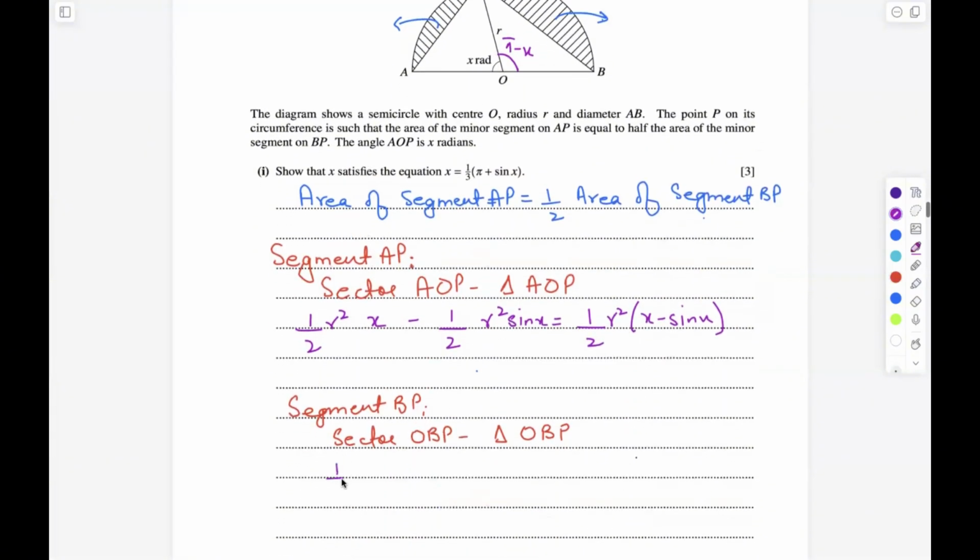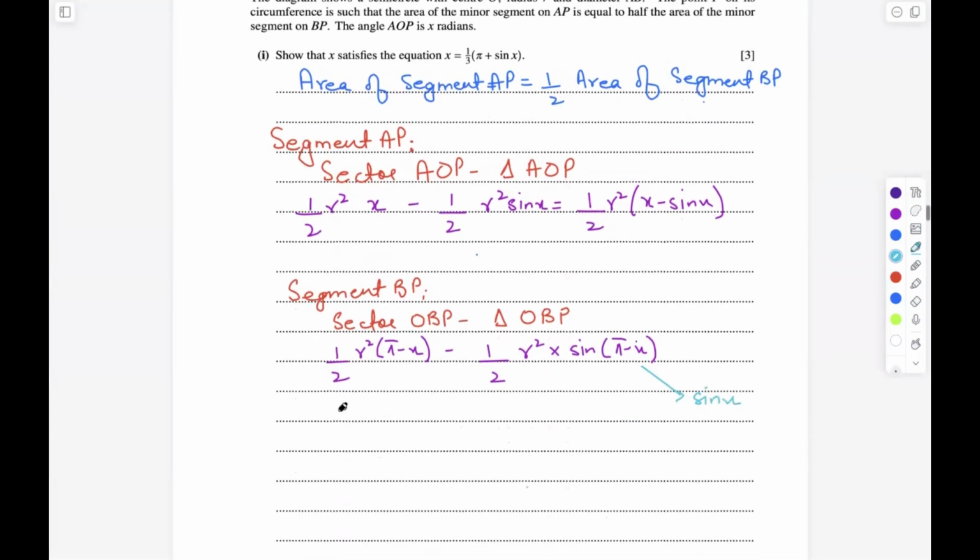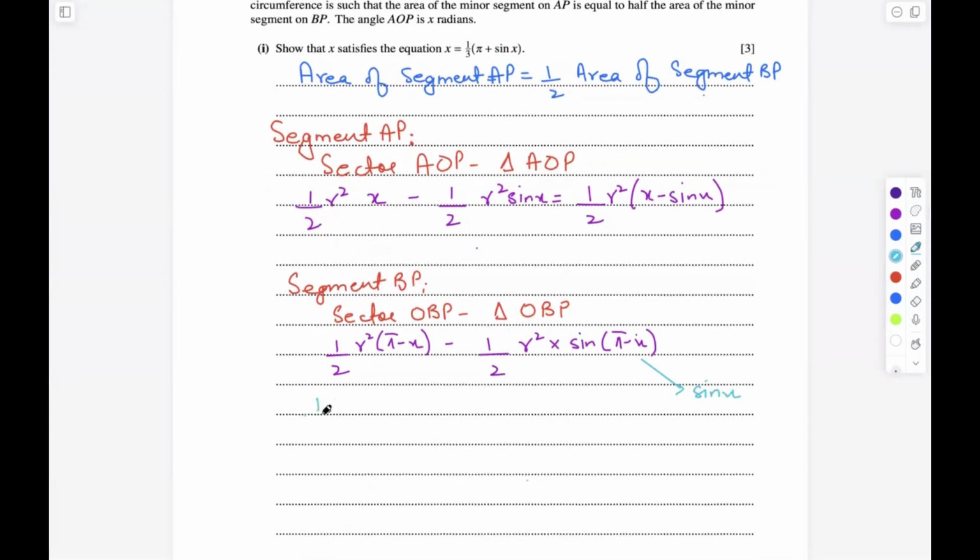So this will become 1/2 r squared into pi minus x, and then we'll subtract the area of the triangle, which is half into r squared into sine of pi minus x. Now we know that sine of x and sine of 180 minus x are the same, so sine of pi minus x will be the same as sine of x. So we can take half r squared common and write it as pi minus x minus sine of x.